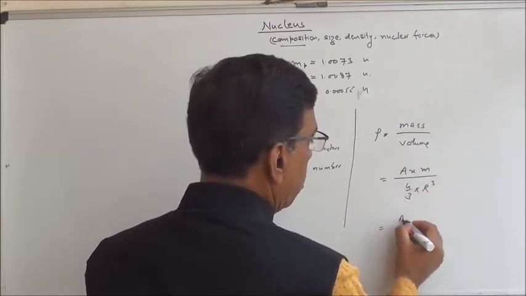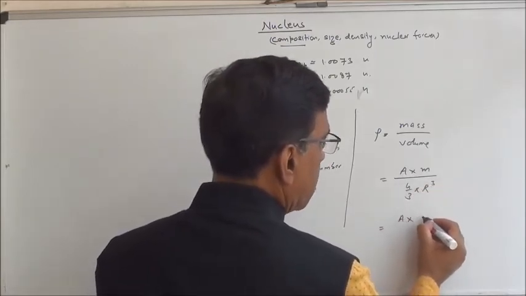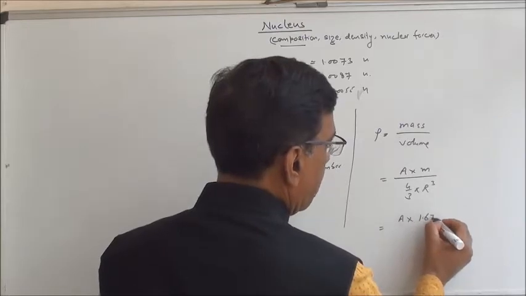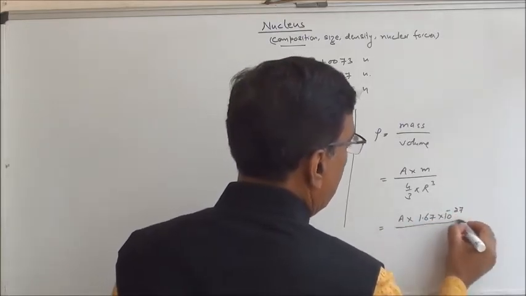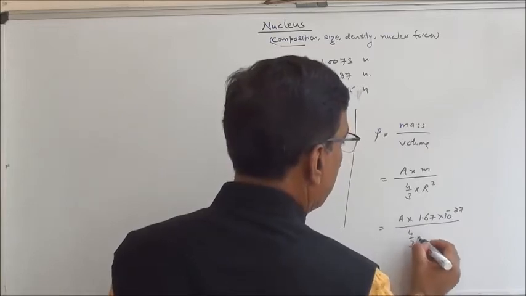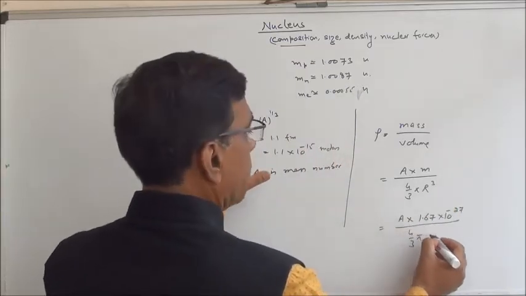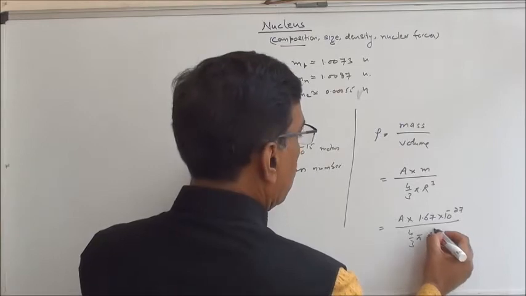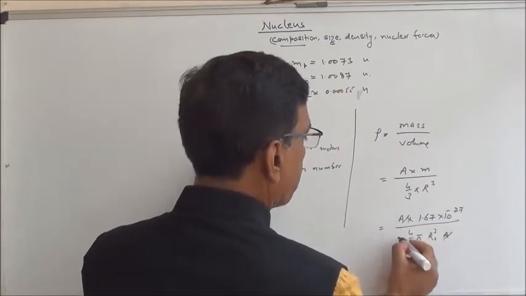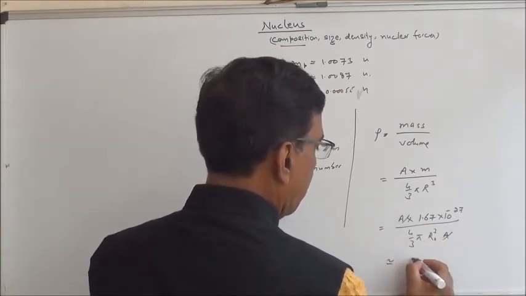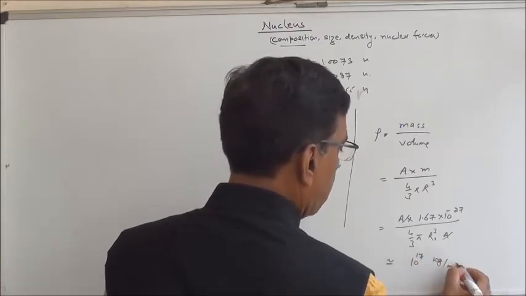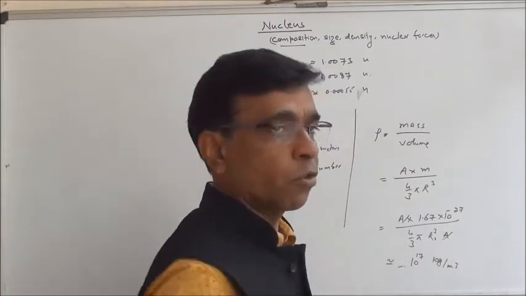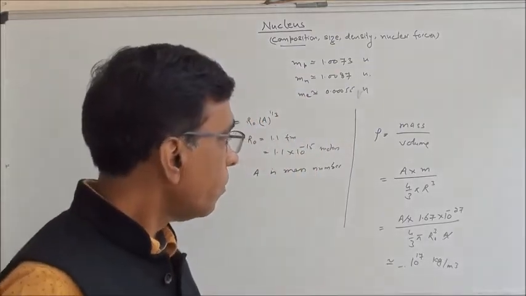So I can substitute all these values. The mass will be 1.67 into 10 raised to the power minus 27 kg divided by 4 by 3 pi, and r cube means r naught cube A. It comes out to be nearly, I'm telling you the order, some value into 10 raised to the power 17.